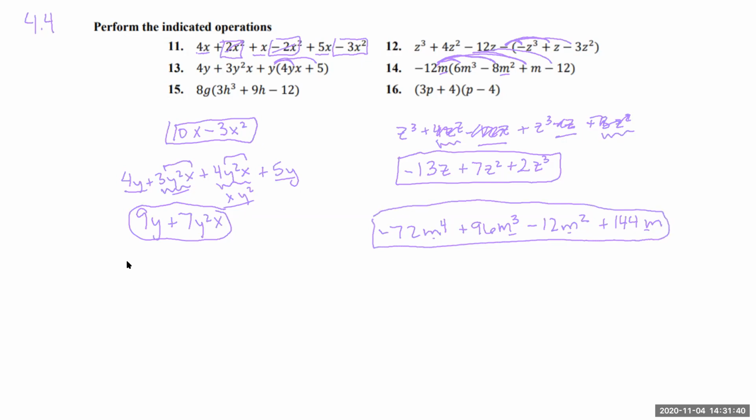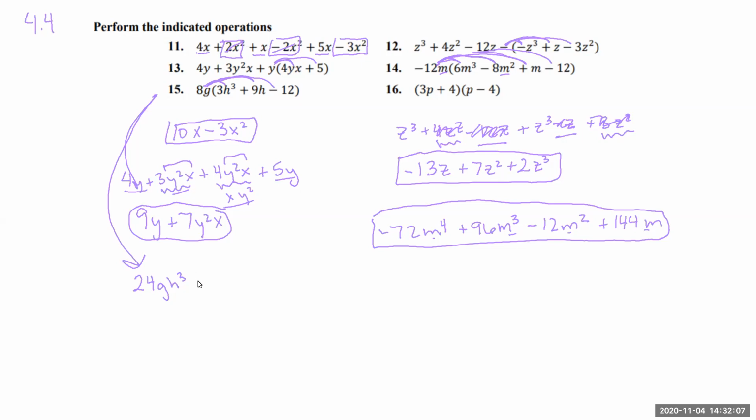Going on to 15 now. Whoops. Wrong thing. Here we go. So it's going to be kind of like the last one. We just need to distribute into all three of these terms. So doing the first one, we have 8 times 3, which is going to be 24, and then it's just GH to the third, because since it wasn't an H outside, we're not going to be multiplying them. So we're just going to be multiplying them together like this.